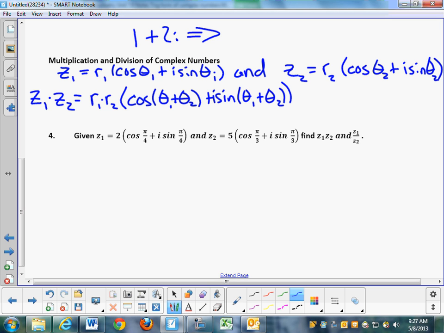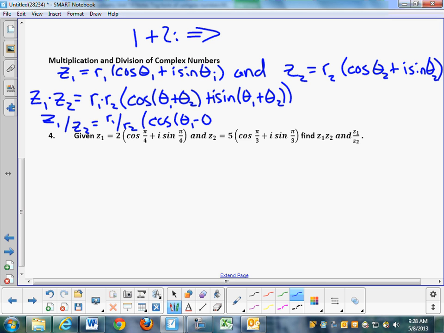So what if we wanted to take Z1 divided by Z2? How do you think that would be different? What do you think we would do with the R values? We would divide them. We'd have R sub 1 divided by R sub 2, times the cosine of, what do you think we do with the theta values? We subtract them.